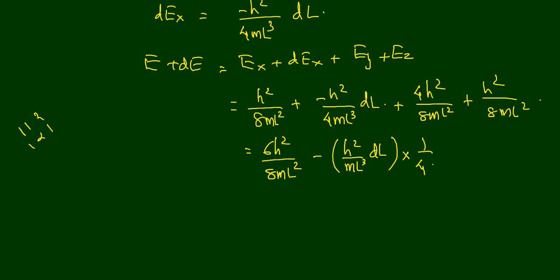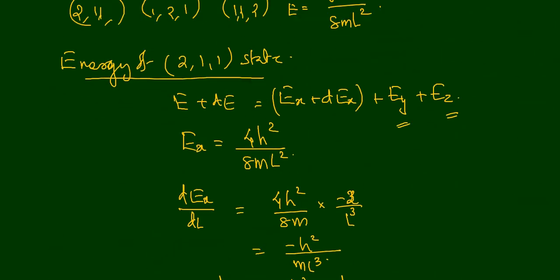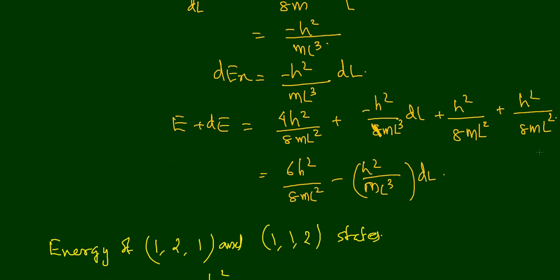See, now we can see the new energy in the two states. Okay, so in the case of 2-1-1 state, the new energy, means E plus dE of 2-1-1 state, is 6h square divided by 8 ml square minus h square by ml cube dl.